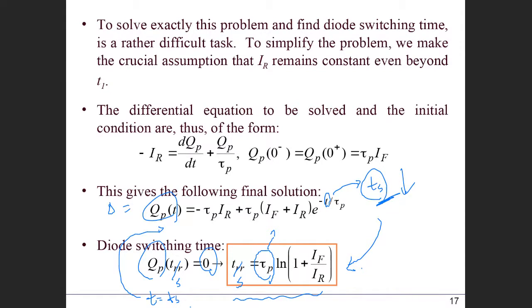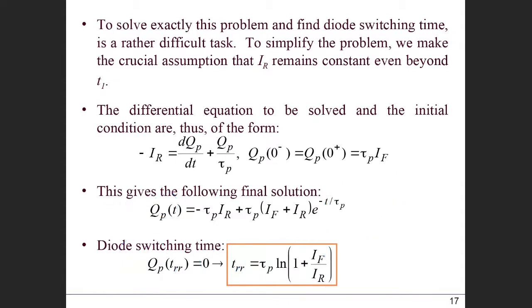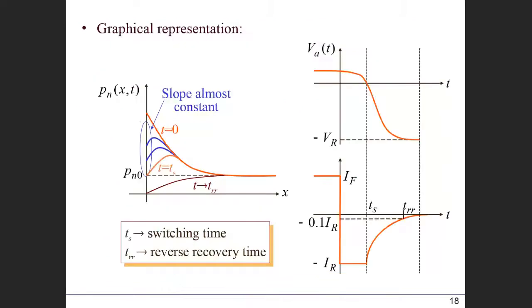Or we can change the outside circuit parameters to reduce the IF or increase the IR. That way we can adjust the switching characteristic of this PN diode. So that kind of information is what we can obtain from this graph.